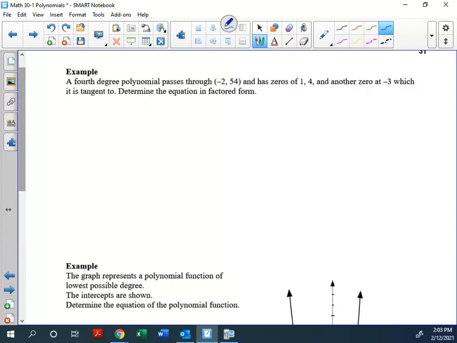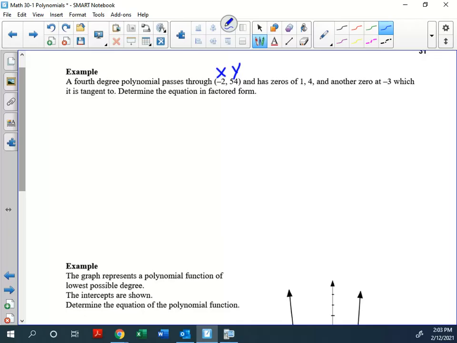Okay, I can give it to you in a written form instead of a graphical form. A 4th-degree polynomial passes through a point. There's x, there's y. I'm going to use those in the equation. So you really need to connect with why we give you a point. It has zeros of 1, 4, and another 0 at negative 3, which is tangent to the x-axis.